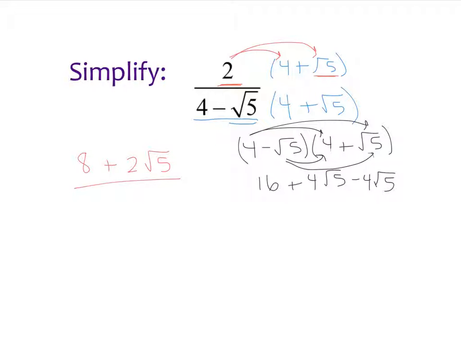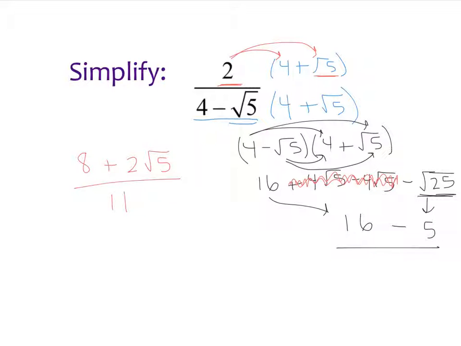And negative square root of 5 times positive square root of 5 is minus square root of 25, which is just 5. So when I really look at this, the 4 square roots of 5 and the negative 4 square roots of 5 just cancel out, and I'm left with 16 minus 5, which simplifies to 11.